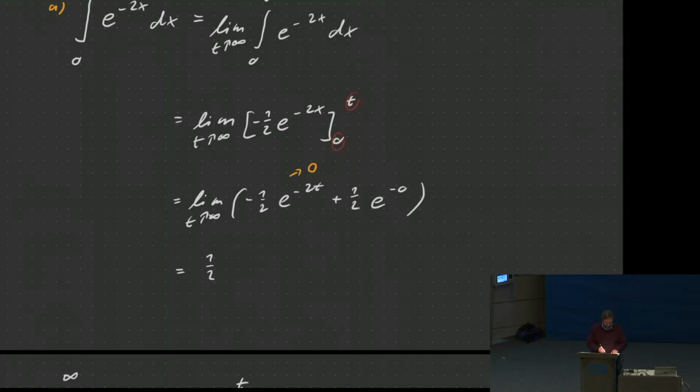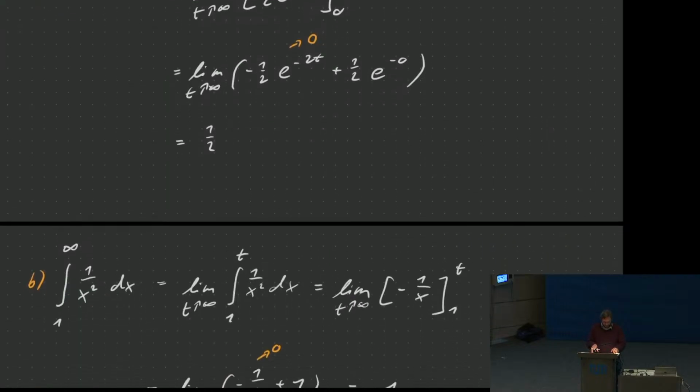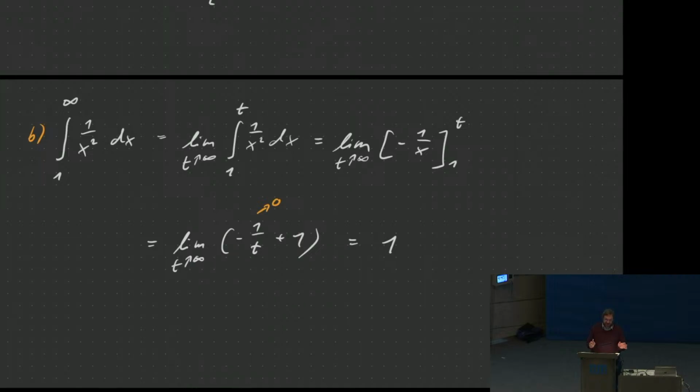I substitute those bounds, I get this expression, and then I just try to compute the limit. And in this case, it's straightforward to do that. And the answer is 1 over 2. Yeah, so it's the same as usual integration, but just take the limit at the end. Only thing you need to watch out for is splitting up the integral if necessary.